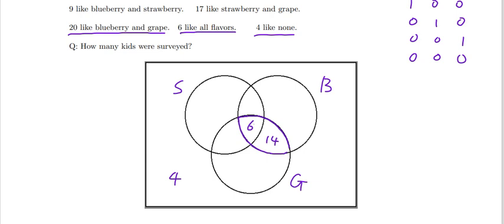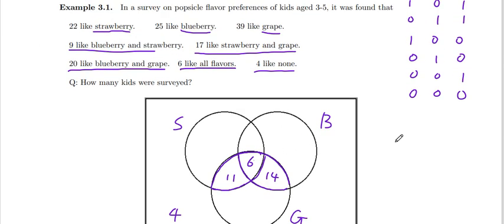Then 17 like strawberry and grape. So this part is 17. So we know this is 11, right? And 9 like blueberry and strawberry. We have 6 here, so this is 3.